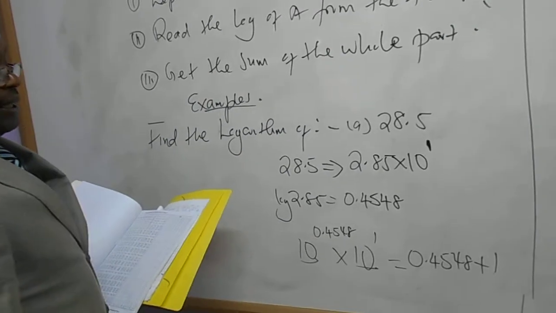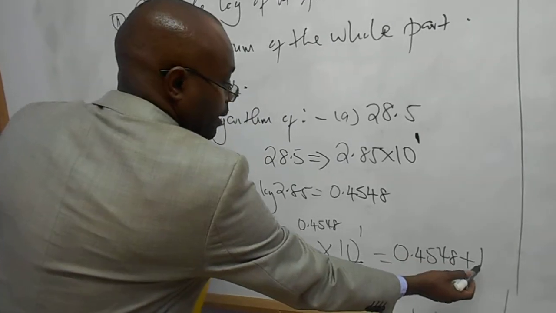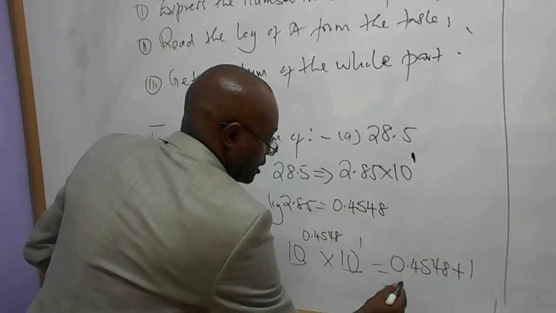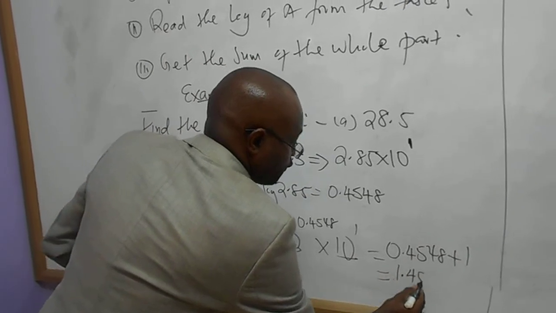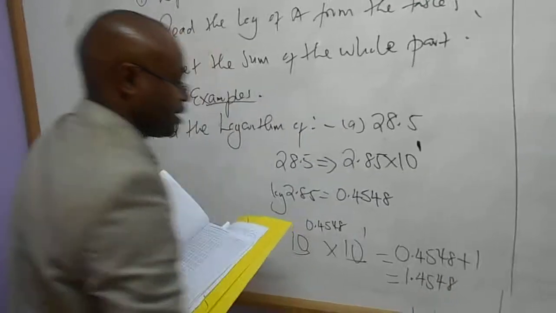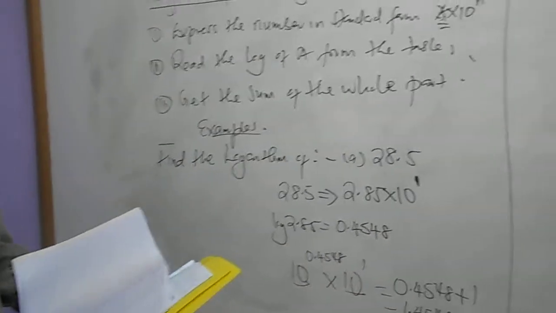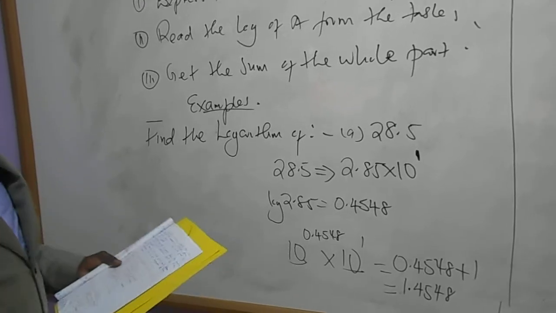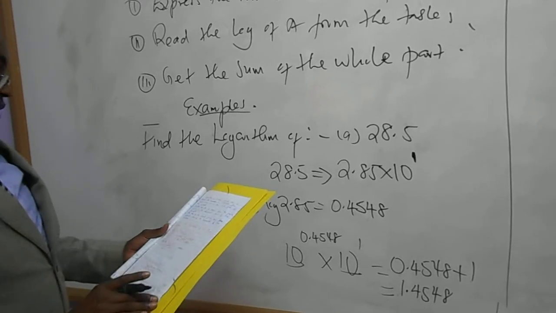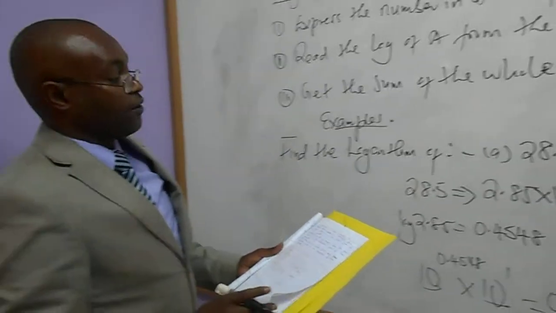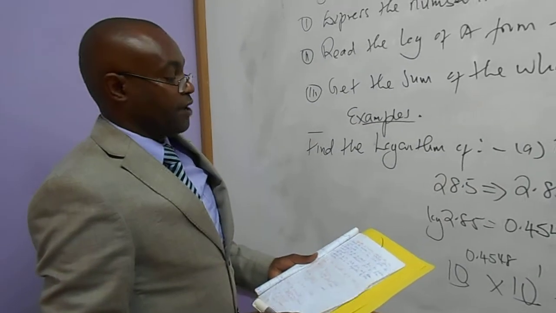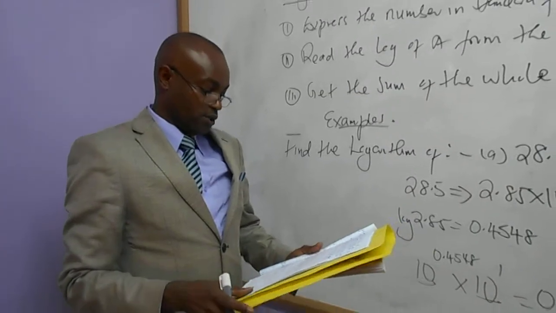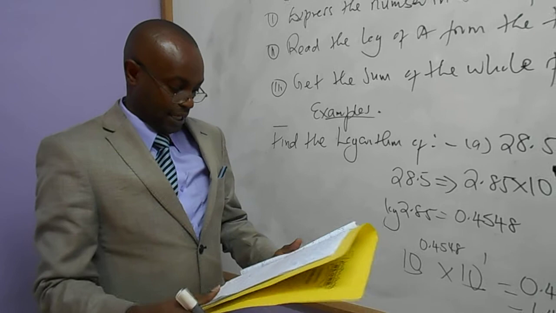Of course, 1 is a whole number and should be added to 0.4548, and therefore that gives us 1.4548, which is now the log of 28.5. So the answer is 1.4548. As we continue with more examples, we are going to see how easy it can be.